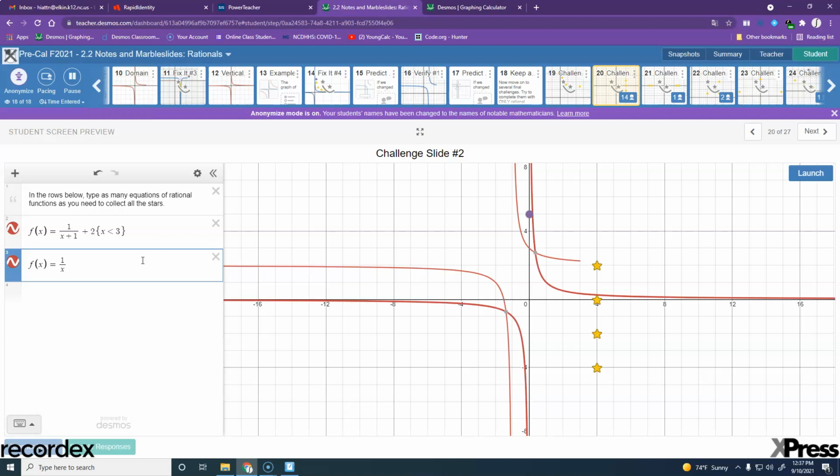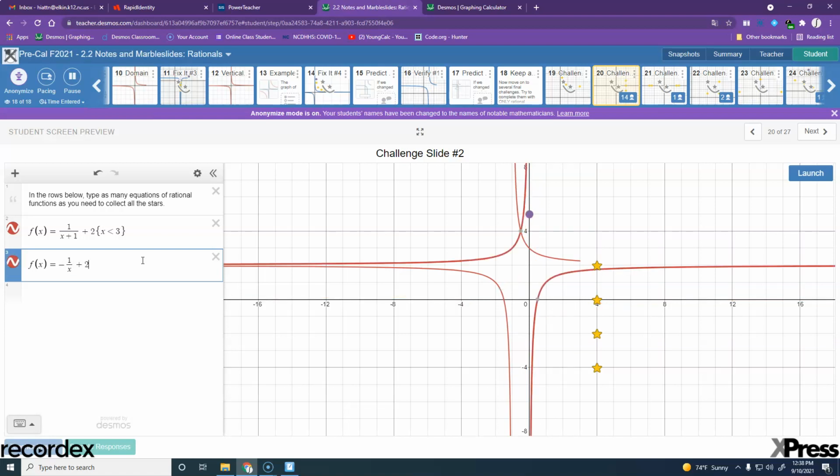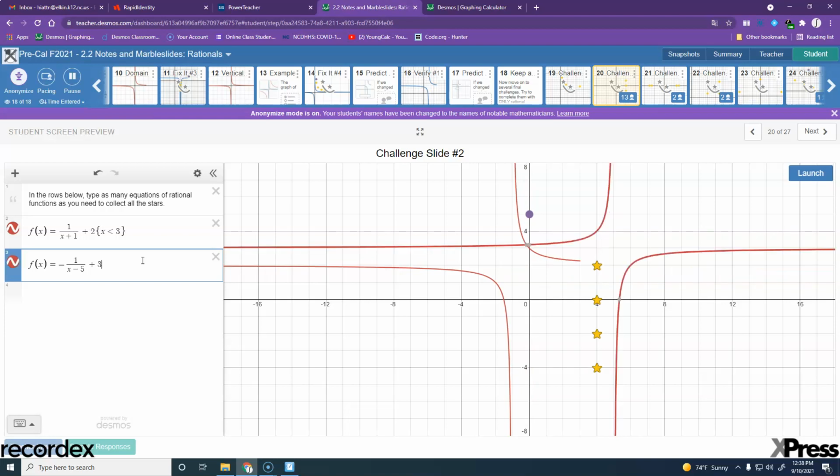So if I move this one, and put a negative here, move it up 2, that'll work.